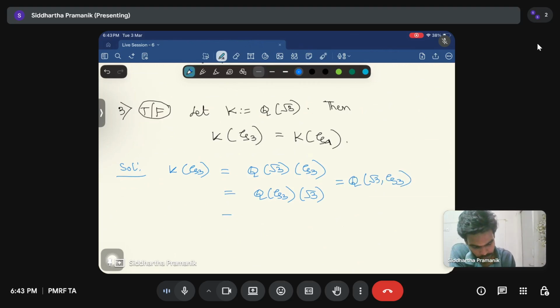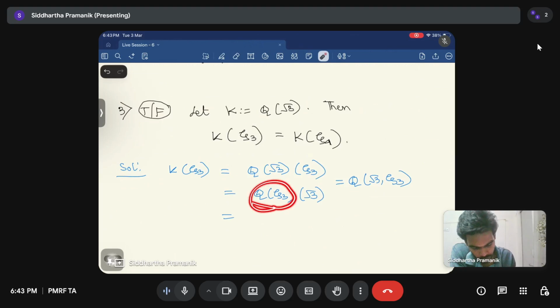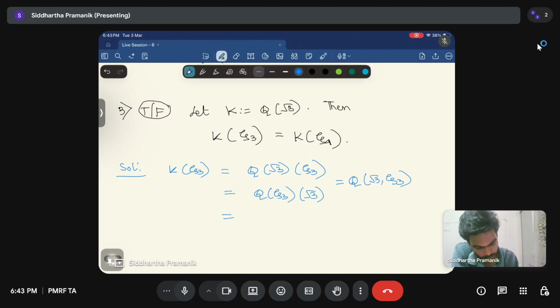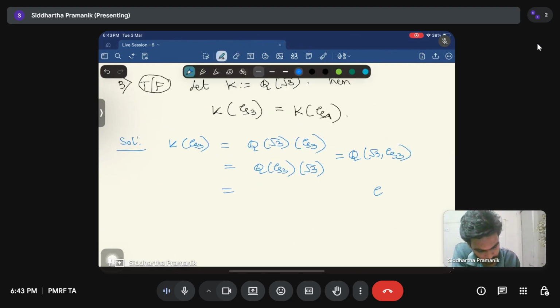Now what is Q adjoint cube root of unity? Zeta 3 is basically minus 1 plus root 3I by 2. So this is Q adjoint minus 1 plus root 3I by 2 comma root 3.